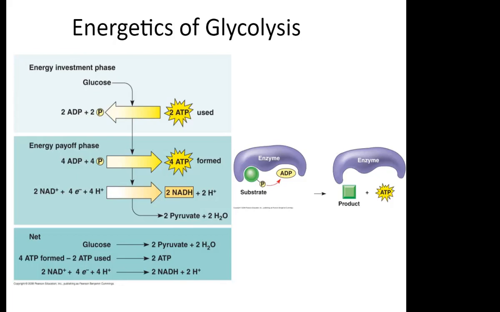That enzyme can facilitate the transfer of the phosphate from the substrate to the ADP, making ATP. So it's called substrate level phosphorylation. That's actually how you make your ATP back in glycolysis. It's not through the ATP synthase, it's substrate level. And the same goes for the Krebs cycle as well.